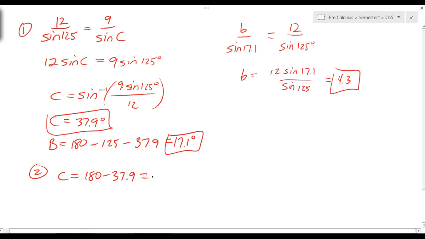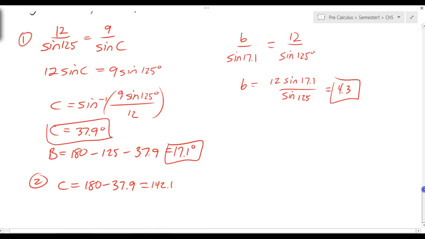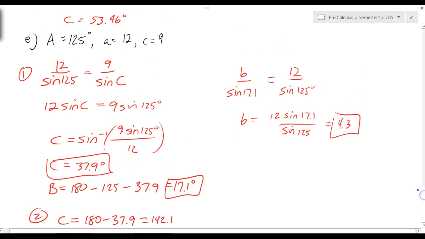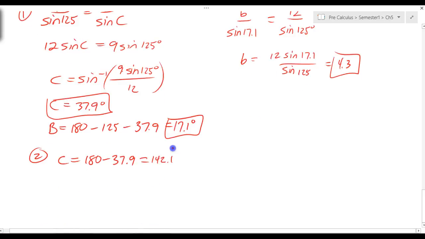Now we get 142.1 for angle C. Is it possible that we could have a triangle with the angle A that was given, 125, and the angle C that we just got, 142.1? Obviously, we can't have two obtuse angles, so this is not possible. The supplement didn't work out in this case, so we only get one solution.